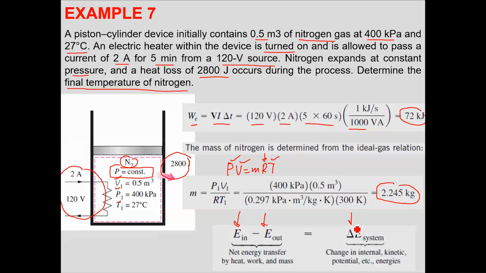Now, if you remember the energy balance equation, the energy balance says that E in minus E out is equal to the change in energy of the system. And for a constant pressure process closed system, you have work electrical in minus Q out minus boundary work is equal to delta U. Or if you remember, you have the equation in this form where you have Q minus W equals delta U, and you divide W into work other and boundary work.